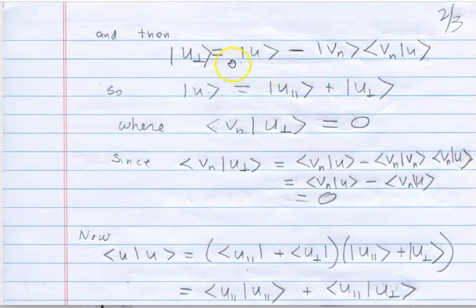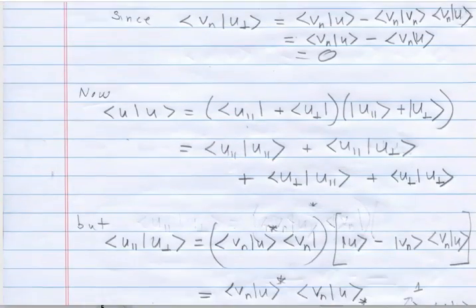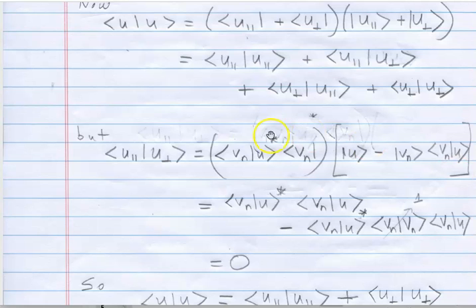And remember, U perpendicular is this, and U parallel is this up here. And I do those products. So here is U parallel. That's this term here. And this is U perpendicular written out here.